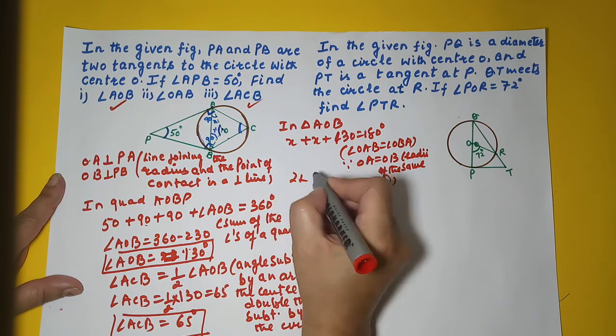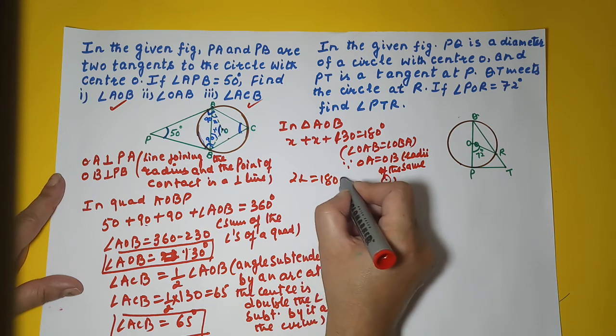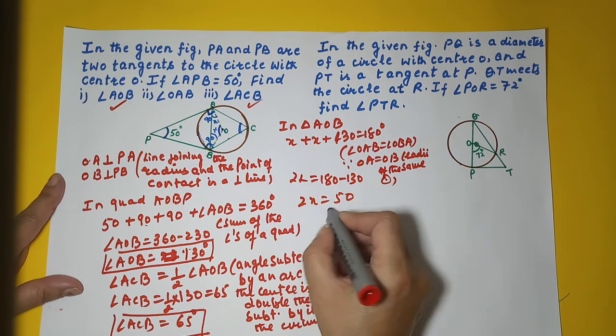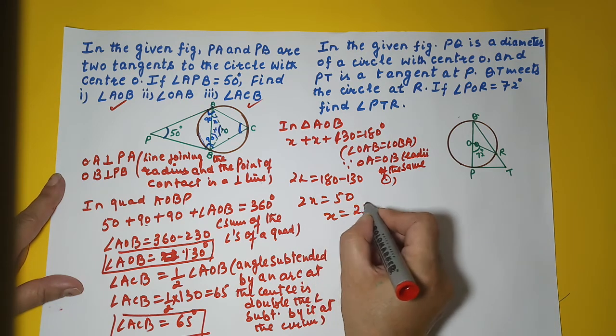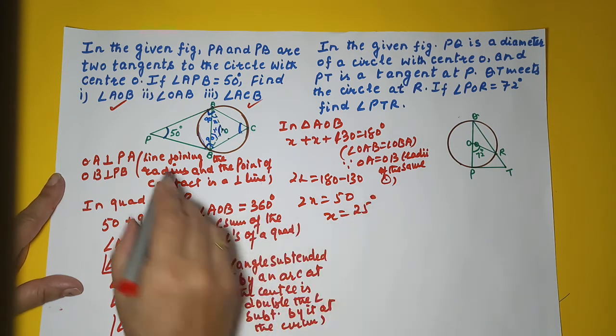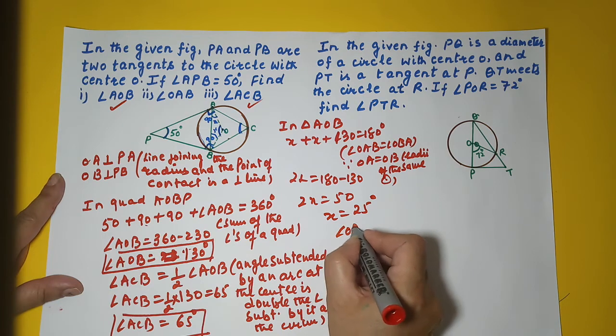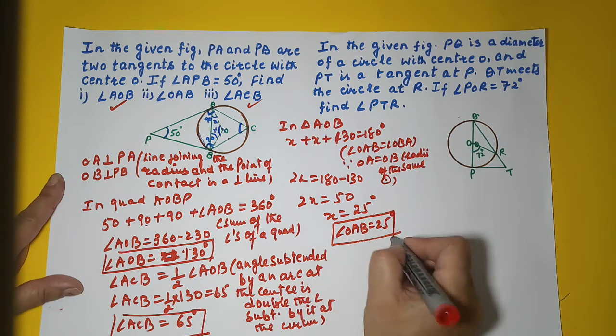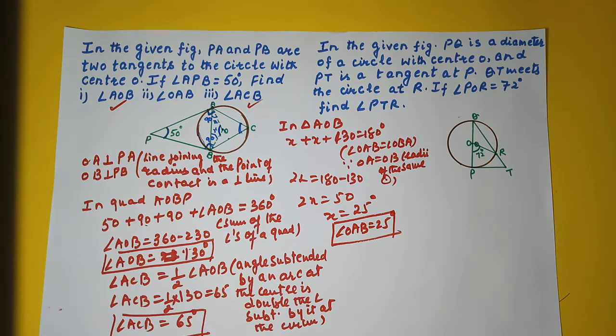So 2x is equal to 180 minus 130. So your 2x equals 50. So your x equals 25 degrees. So which is your x? That is your angle OAB, which you have found as 25 degrees. Right? You found all the three angles of this triangle.